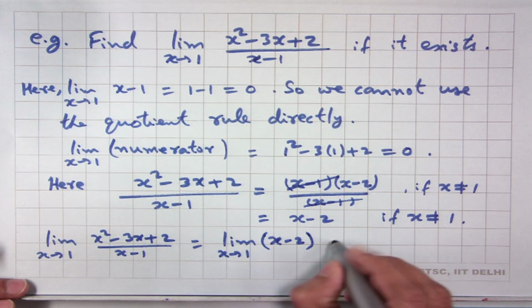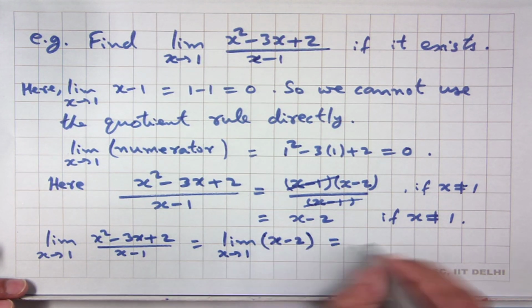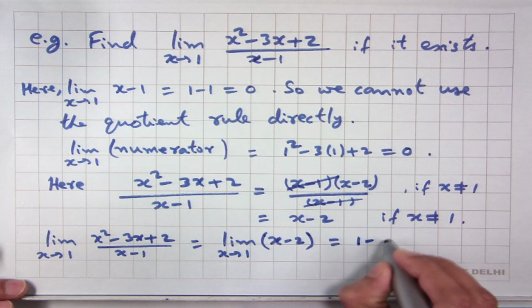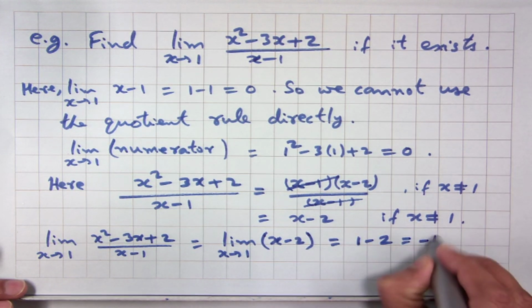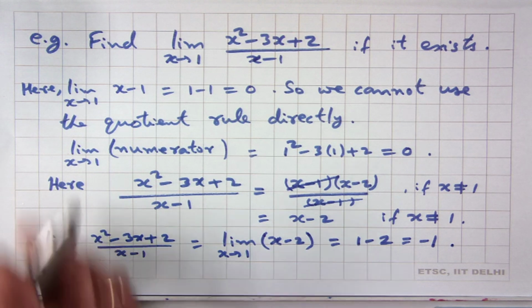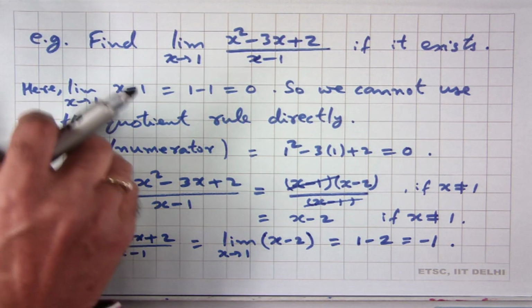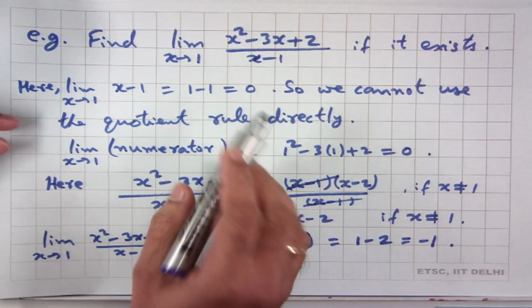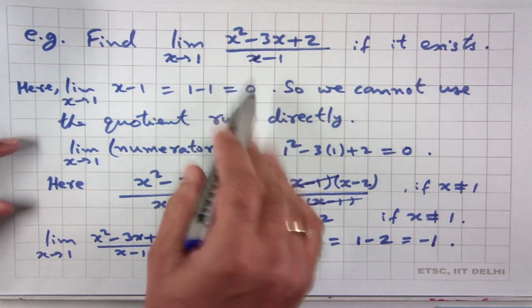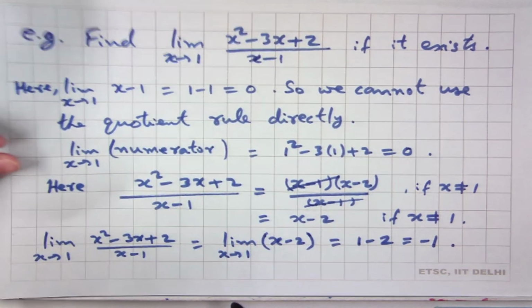So, this is again just a polynomial, so this is 1 minus 2, which is minus 1. So, in this example we see that even though the limit of the denominator is 0, the limit of the quotient might exist. So, this is one way of trying to find the limit.